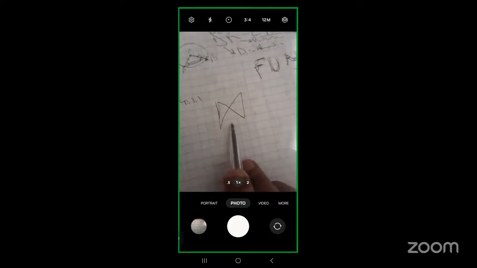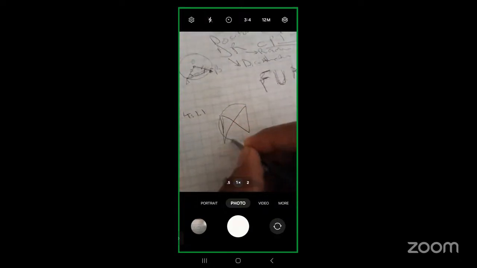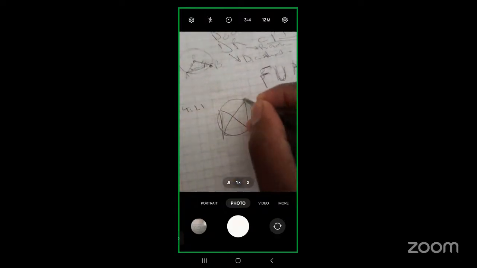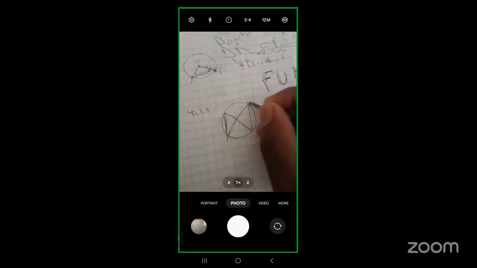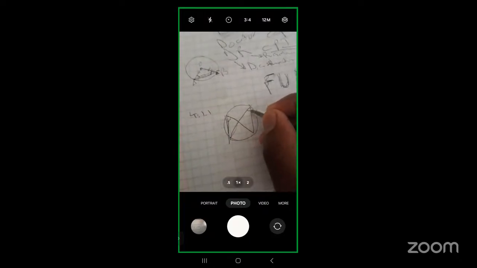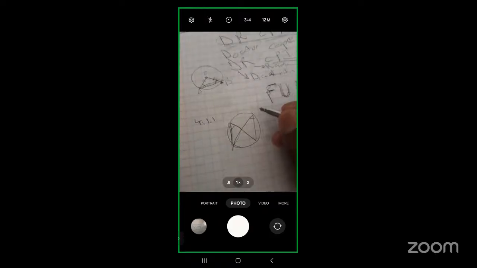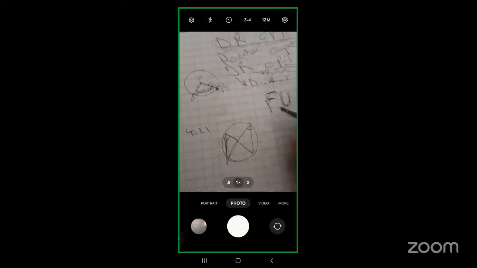Yes, sir. So if this is a circle and you have this shape in a circle, note that this angle is equal to this angle, reason being angles subtended by the same chord, or angles in the same segment.